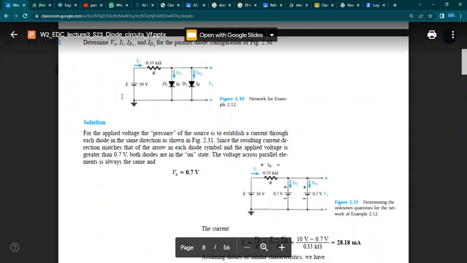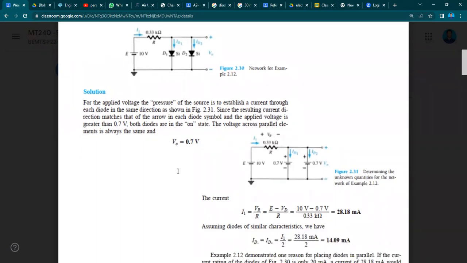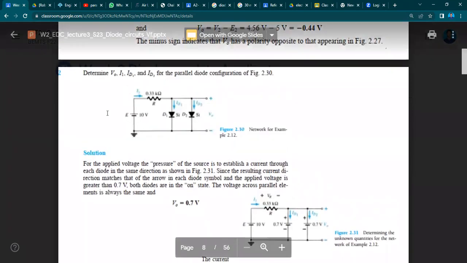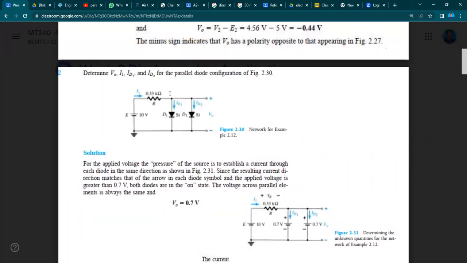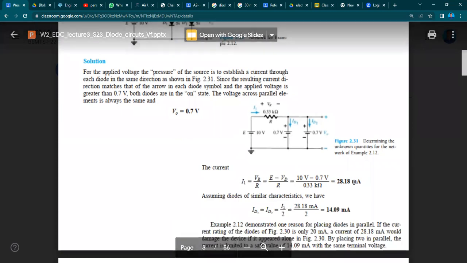The total voltage is 10 volts, and the voltage across the diodes, as both are in parallel, is 0.7 volts, so 10 minus 0.7 gives us 9.3. It means that the voltage across this resistor is 9.3 volts. Using V equals IR, so I equals V divided by R, we get 28.18 milliamps.